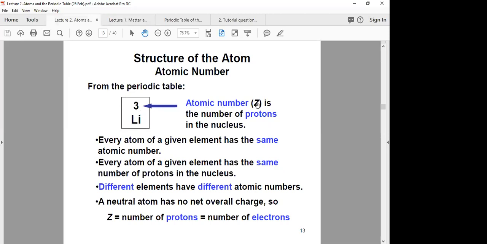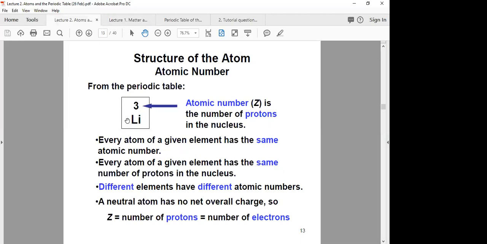The atomic number tells us the number of protons in the nucleus of an atom of that element. In other words, if we looked at an atom of lithium, it would have 3 protons in its nucleus. Every atom of a given element has the same atomic number.